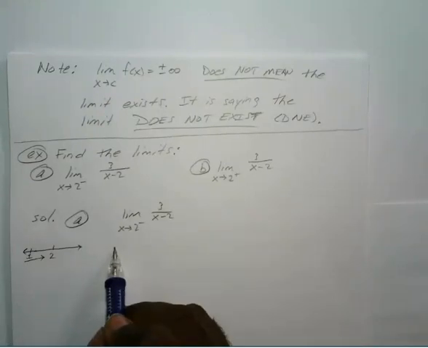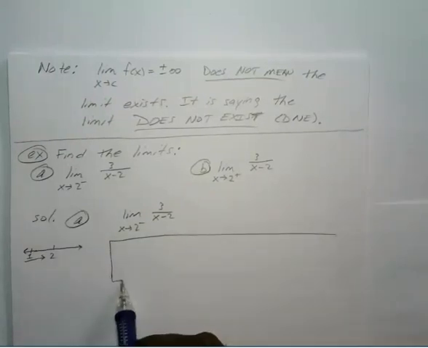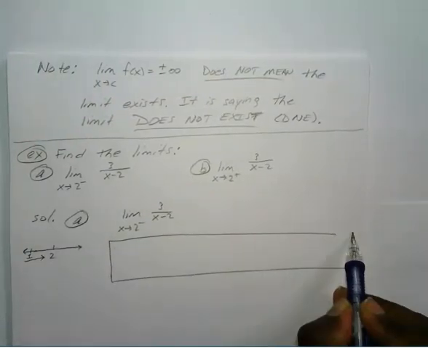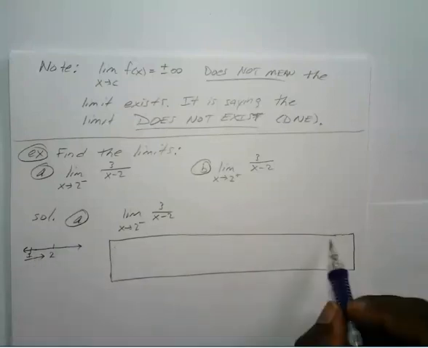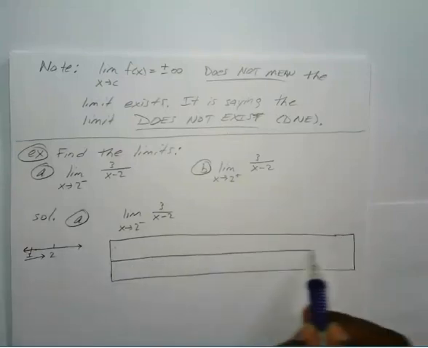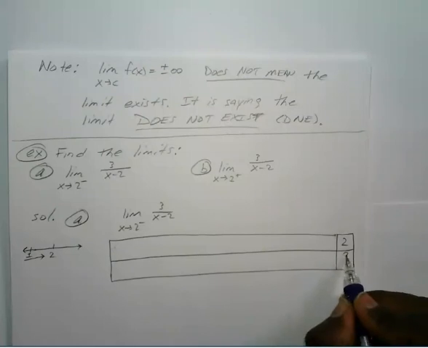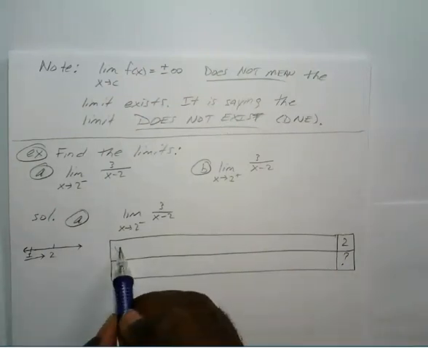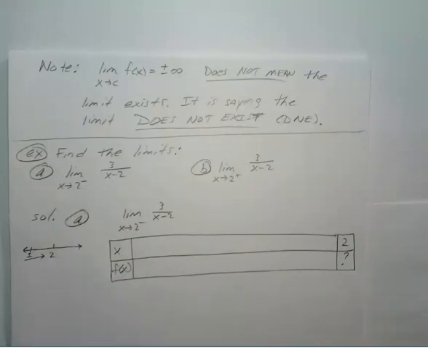Let's go ahead and get a little table going. Since we're approaching 2 from the left, I'll put the 2 over here, with a little question mark. That's your x, and that's your f of x.